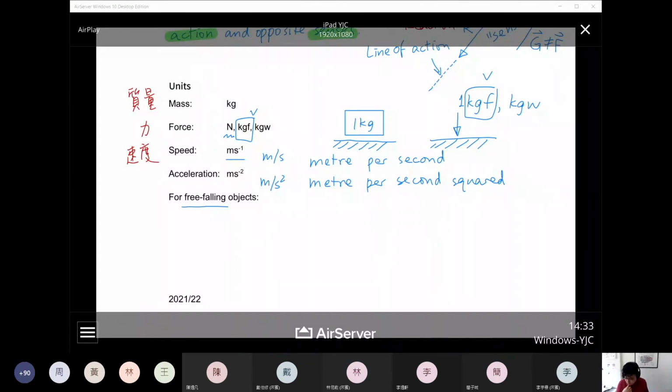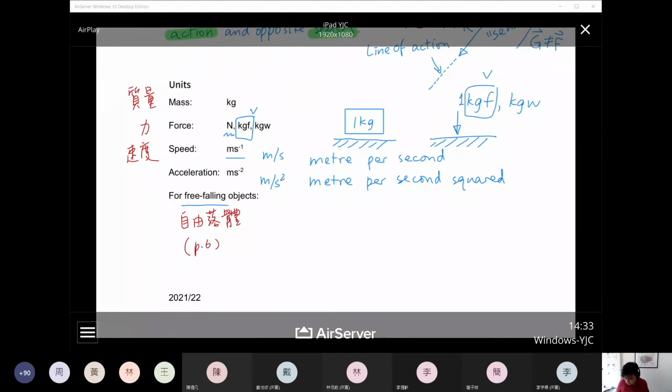So for a free falling object, free falling is this one. Okay, let me lower all the hands.